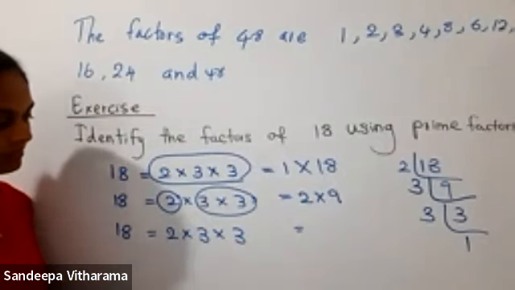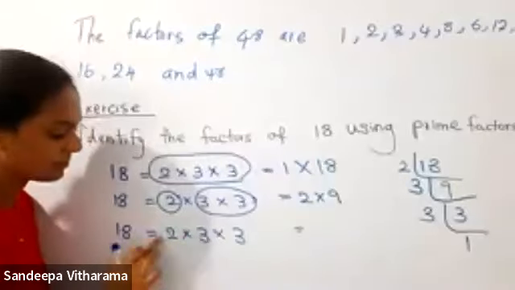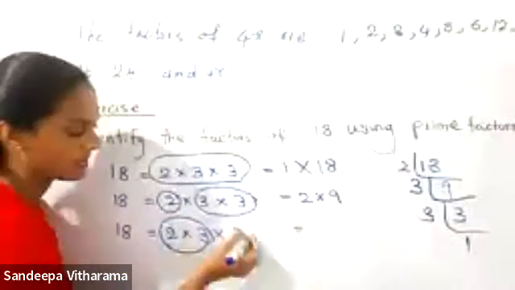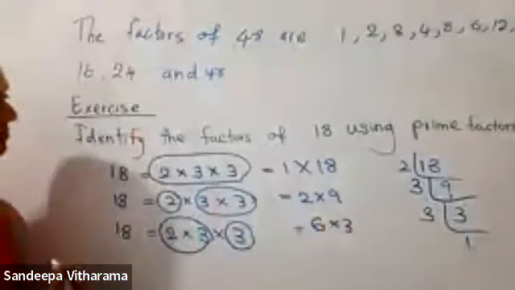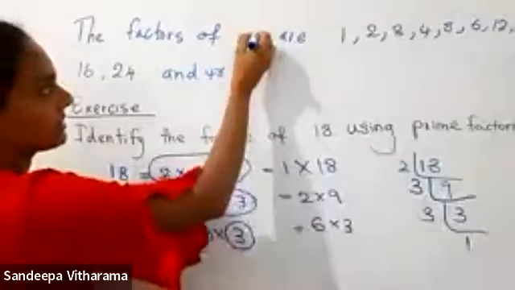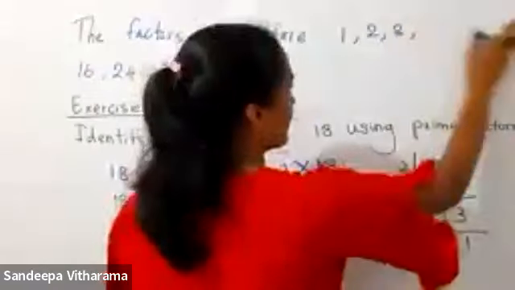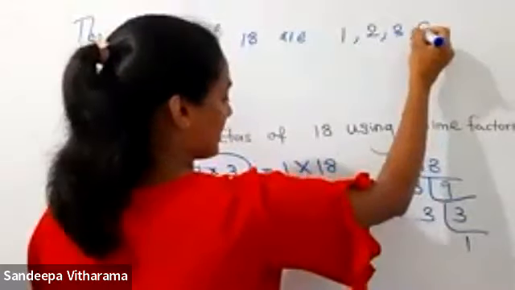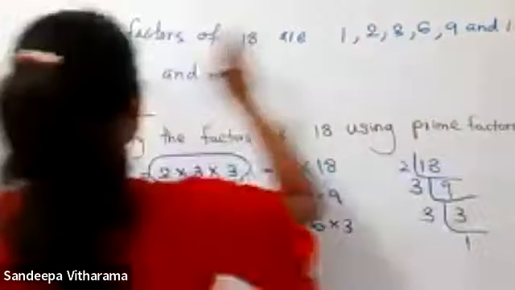Yes, madam. What is the answer then? We can take 2 into 3, 6 into 3. Then what are the factors? Factors of 18 are 1, 2, 3, 6, 9, and 18.